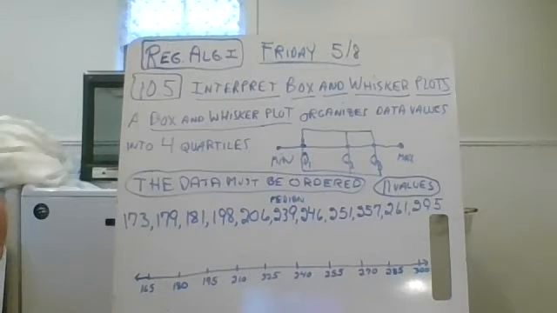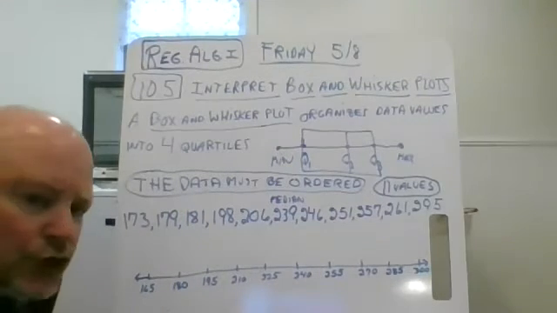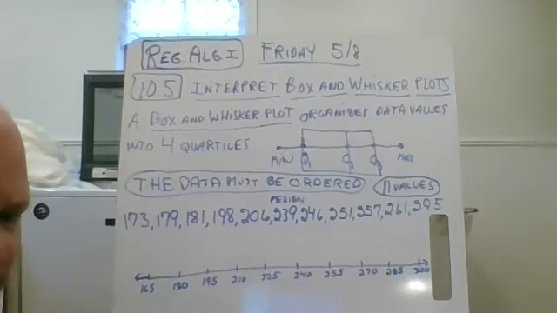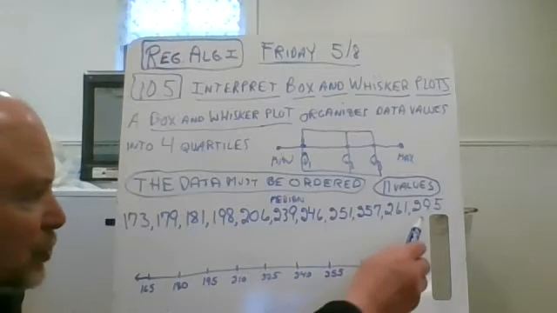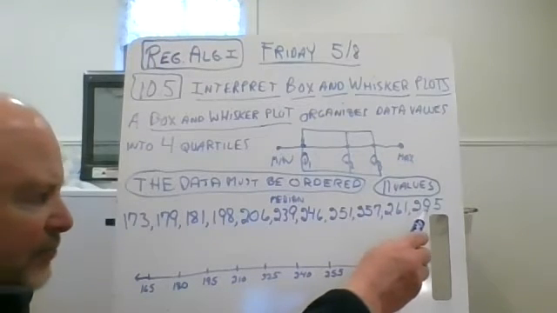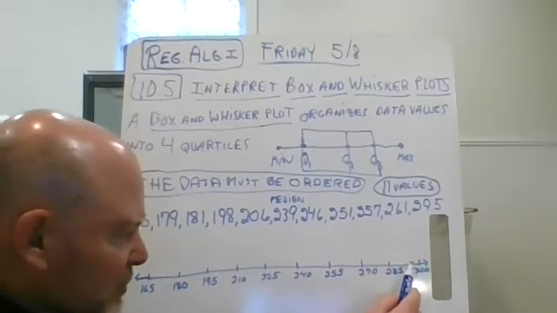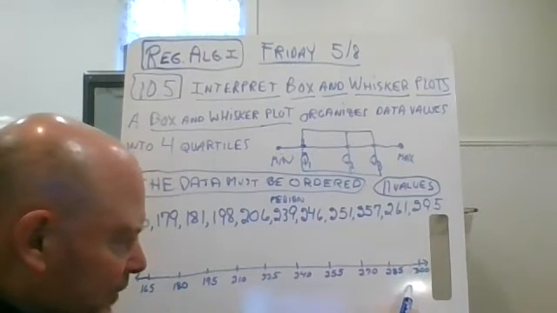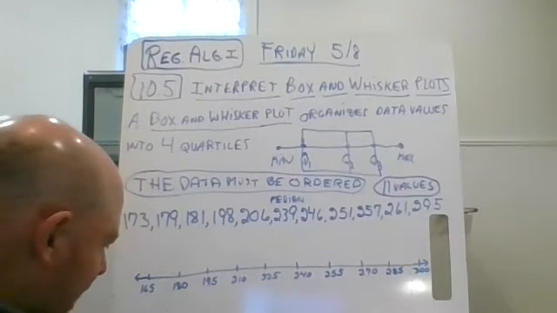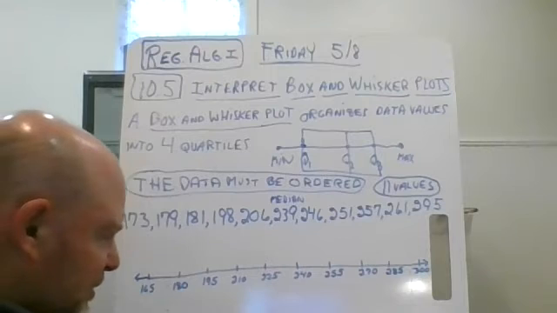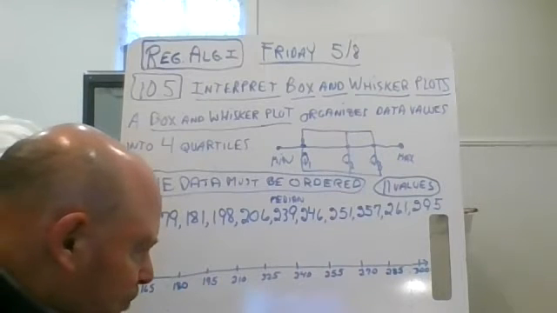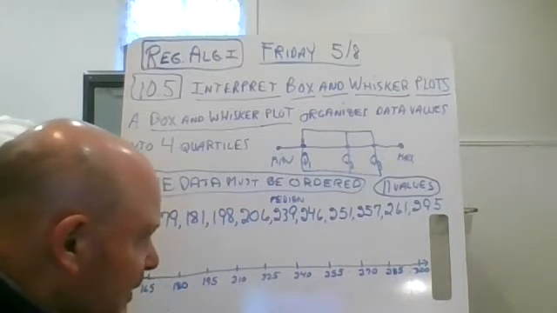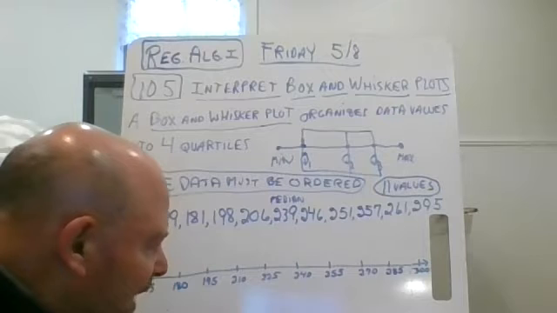Underneath it, write 173. That's the minimum value. Then you're going to write the maximum value, which is 295. That's going to be somewhere about in here. And you drop that down opposite this. And you put a point and you write 295.